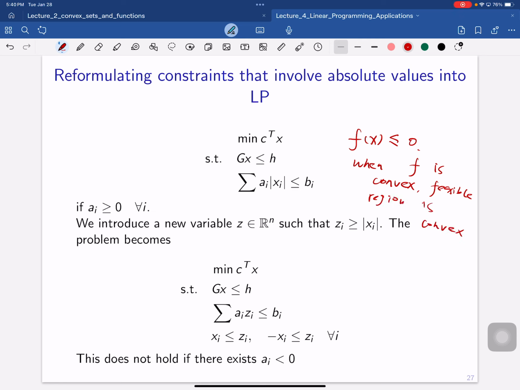We talked a little bit about this property in the convex set lecture. If a function is convex, we know that the epigraph of that function is convex. This set is nothing but the intersection of the epigraph with t equal to 0. That's the intersection of two convex sets, or some people call it a sub-level set of a convex function. You can refer to the convex set lecture.